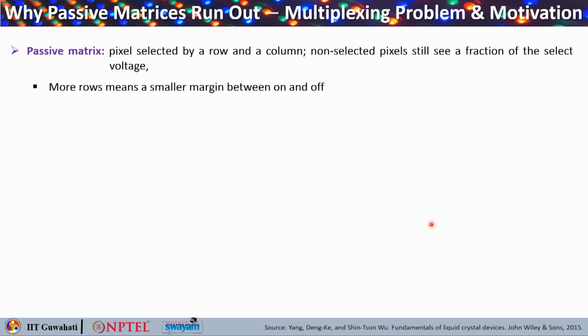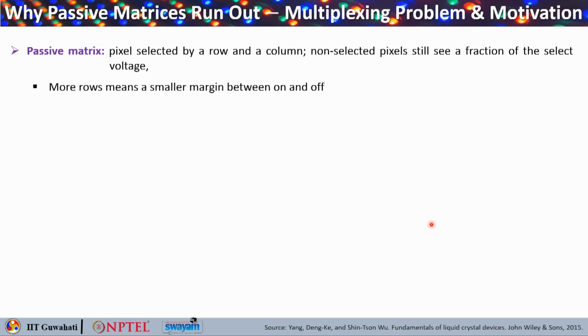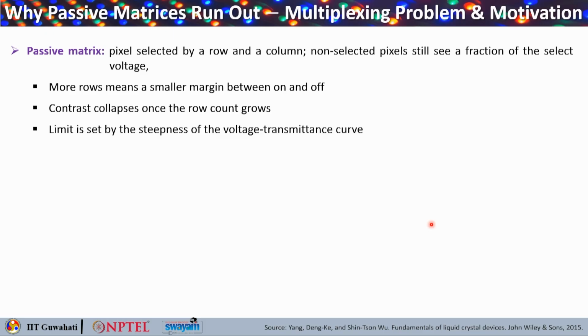So, what happens when we have more rows? That means a smaller margin is left between on and off, and the contrast basically collapses once the row count grows. So, that limit is set by the steepness of the voltage transmittance curve.